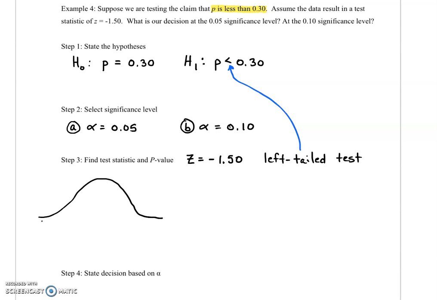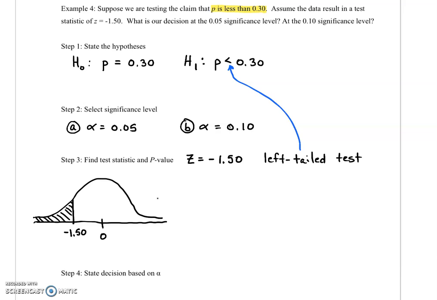If we draw our normal curve, zero's in the middle because this is a z-scale, a standard normal. Our test statistic is negative 1.50, and a left-tailed test means we need the probability to the left of negative 1.50.